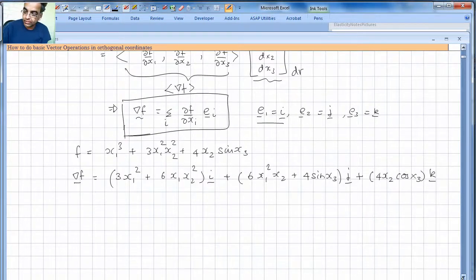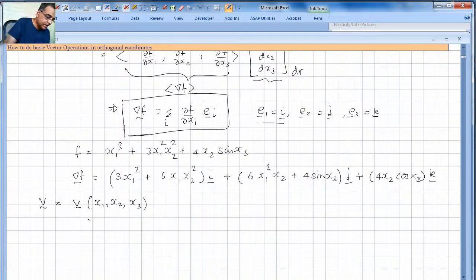Now we are going to look at a second example. In this case, we are going to look at a vector v, which looks like v of x1, x2, x3.